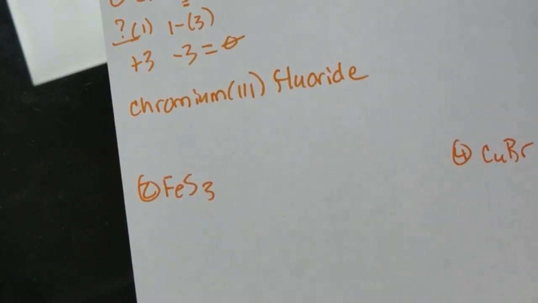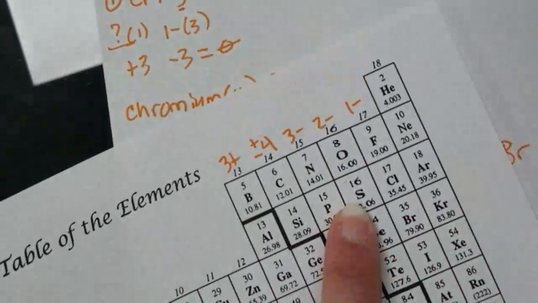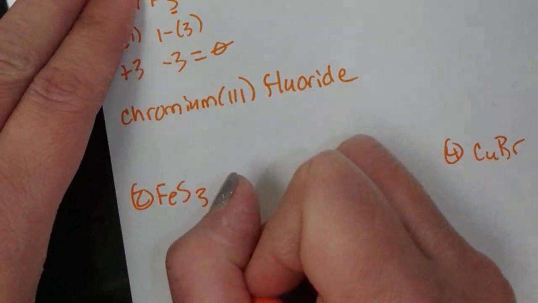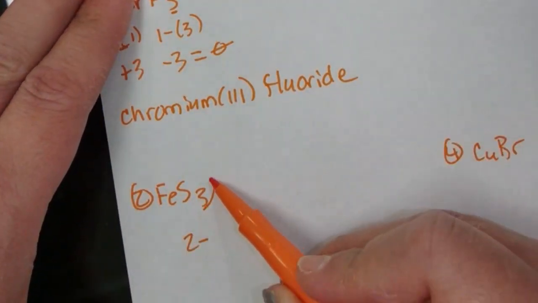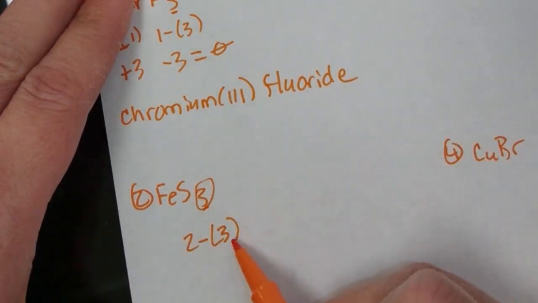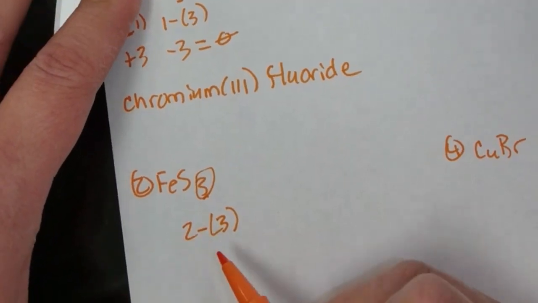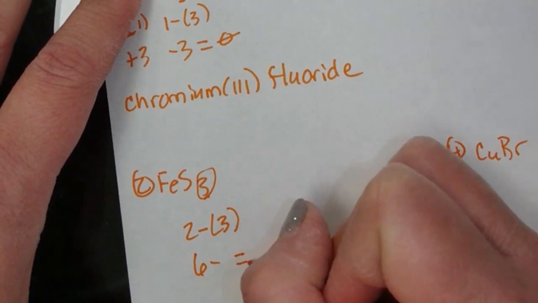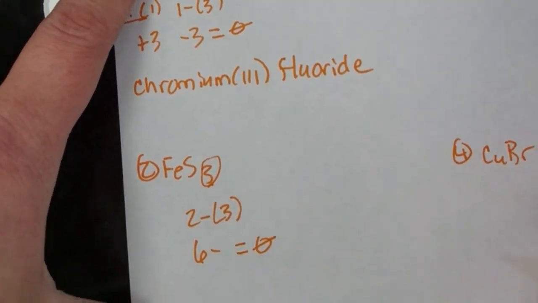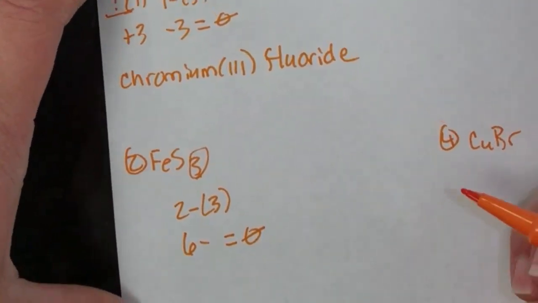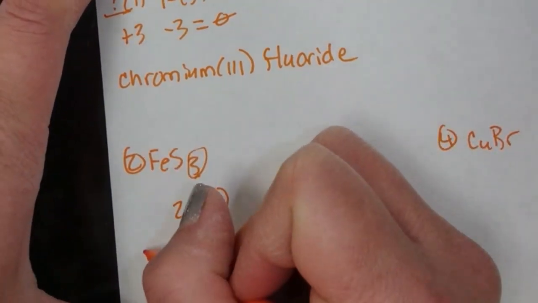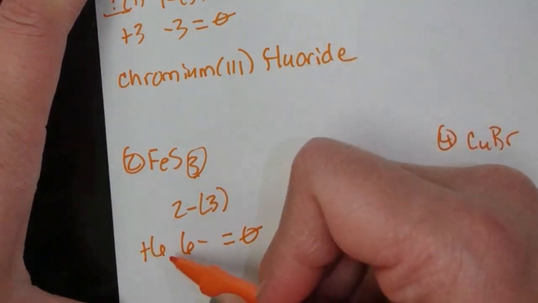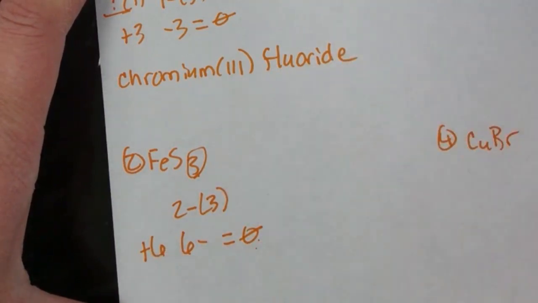All right, sulfur. Sulfur has a 2 minus. It is a fixed charge. It is a 2 minus. And there are 3 sulfurs. So 2 minus times 3 is overall 6 negative, but my compound itself overall is neutral. So that means iron must provide me with a +6 total to make my compound neutral.